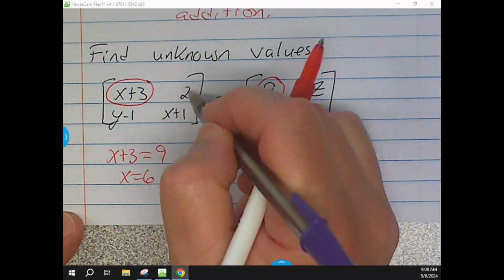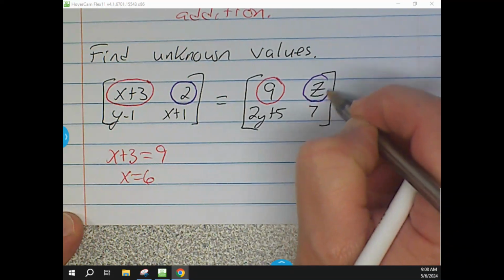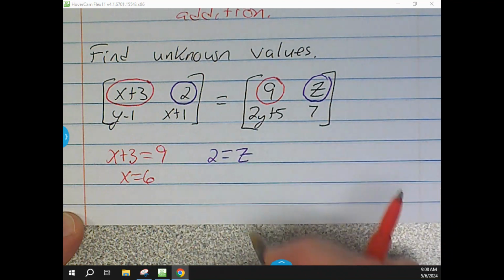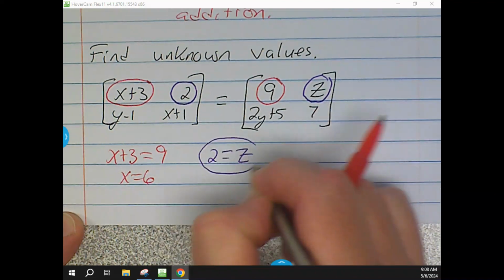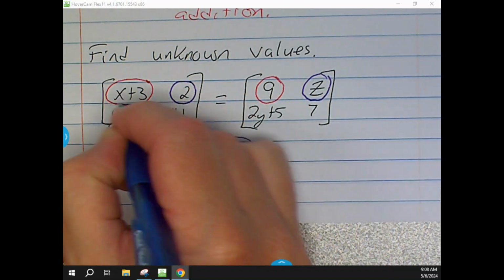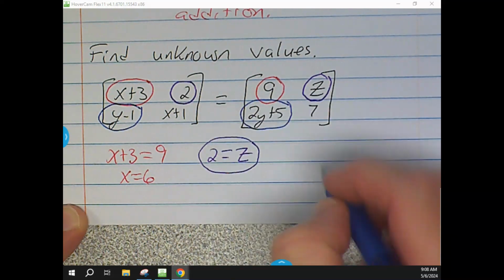Top right-hand corner: we've got 2 equals z. That's already done, so z equals 2. On the bottom left-hand corner, we've got y minus 1 equal to 2y plus 5.